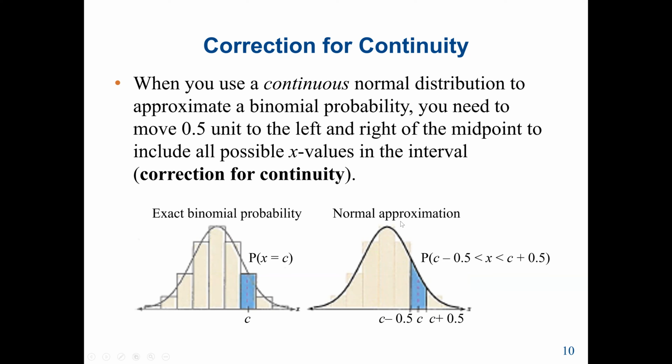Now we change to the normal approximation. So now we add 0.5 to the right and subtract 0.5 from the left. So X will be greater than c minus 0.5 and less than c plus 0.5. And this gives us the concept of the correction for continuity.